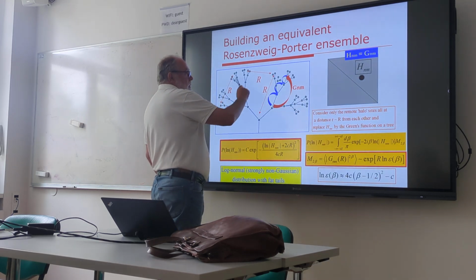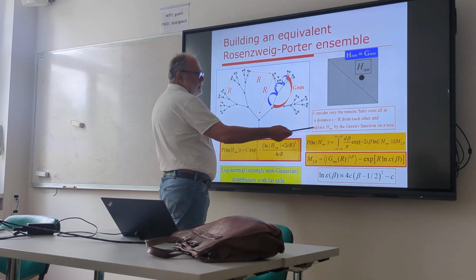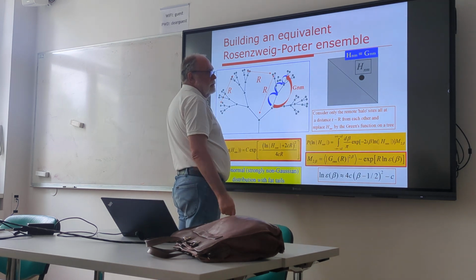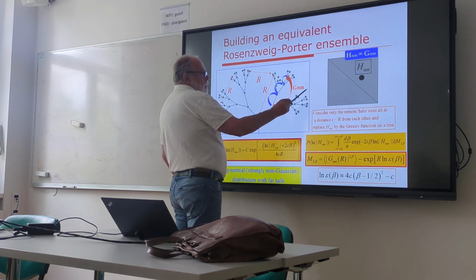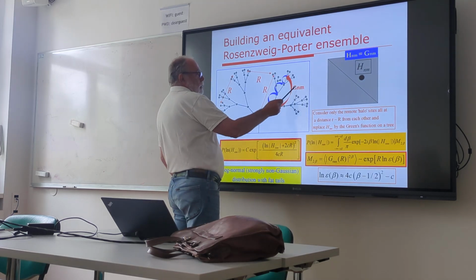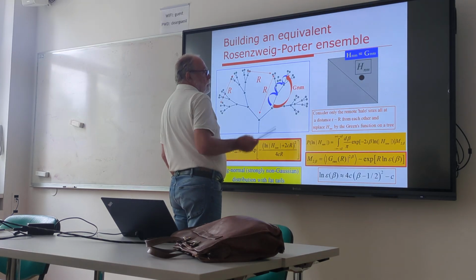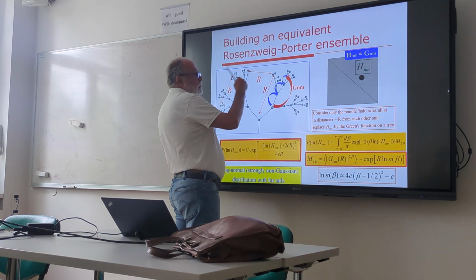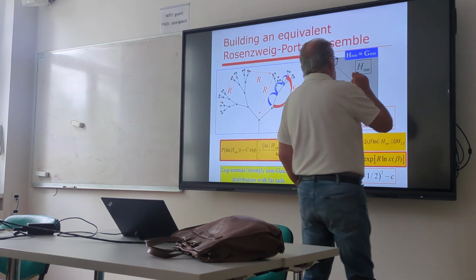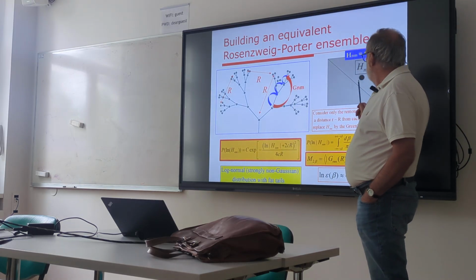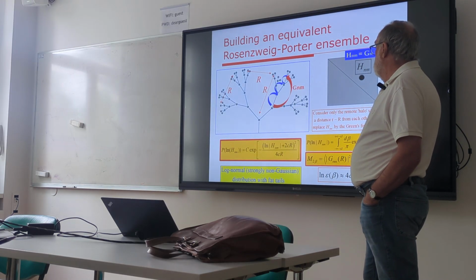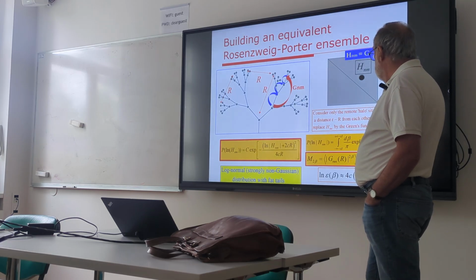And since the large distances are distances which are close to the diameter, then I can put in this statistics of the Green's function the distance equal to the diameter. So all these matrix elements will correspond to the same distance, and therefore they will be identically distributed. And this is Rosenzweig-Porter.